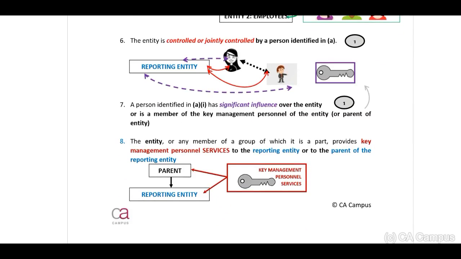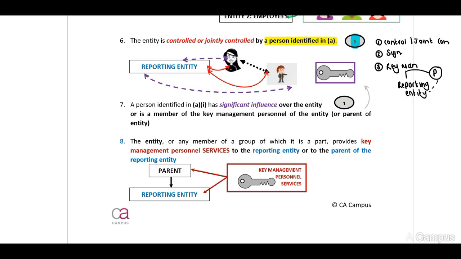Number 6, the entity is controlled or jointly controlled by a person identified in A, which is our number 1. Remember, a person identified, therefore this can be a person or a member of a close family that has 1, control or joint control, 2, significant influence, or 3, key management personnel of either the reporting entity or the parent of the reporting entity.